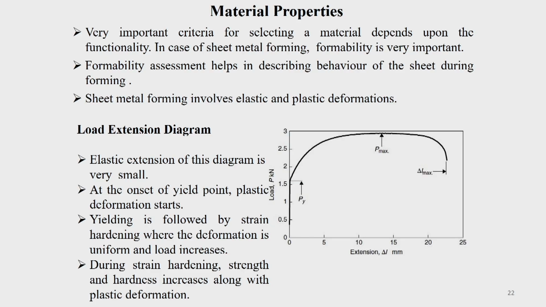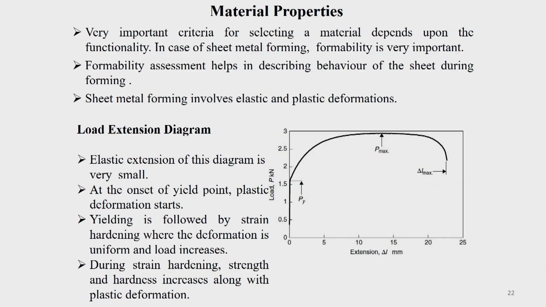And you will see that sheet metal forming involves both elastic and plastic deformation. So, this is a typical load extension curve which we have done, and from this we can get the stress-strain curve also, and if you know the dimensions, then you can find out the true stress-true strain curves and other things. Now, initially when you load it, it will deform elastically, but after a certain time it will start deforming plastically, and the load at which it starts is called the yield point.